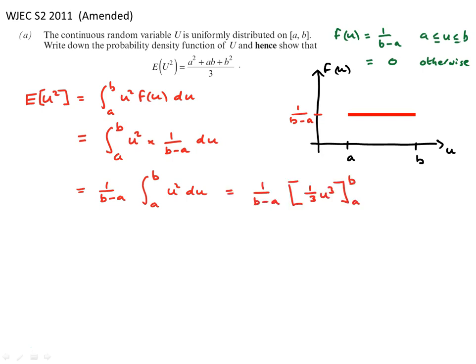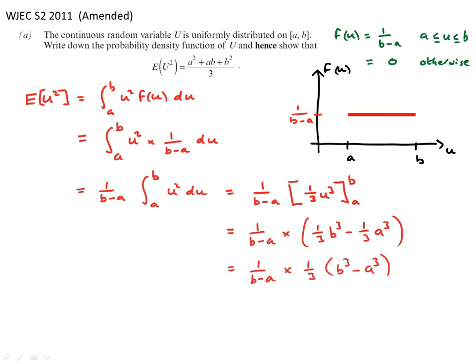Integrating gives me a third u cubed. Putting the limits in means that I have now got 1 over b minus a times (a third b cubed minus a third a cubed). Let's pull the factor of a third out first of all. So we've got 1 over b minus a times a third of (b cubed minus a cubed). But b cubed minus a cubed factorizes as (b minus a) times (b squared plus ab plus a squared).